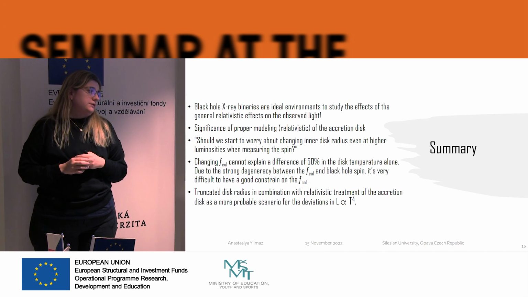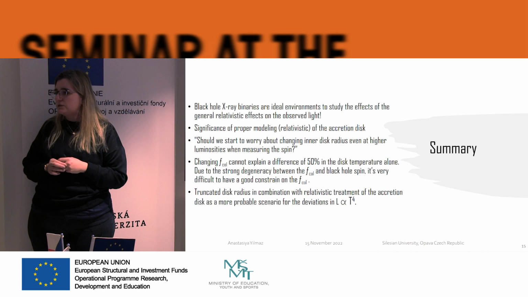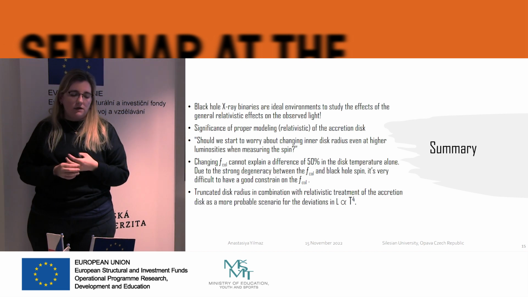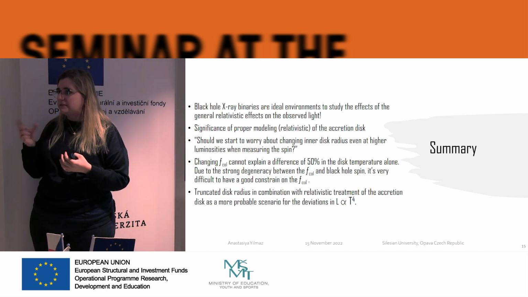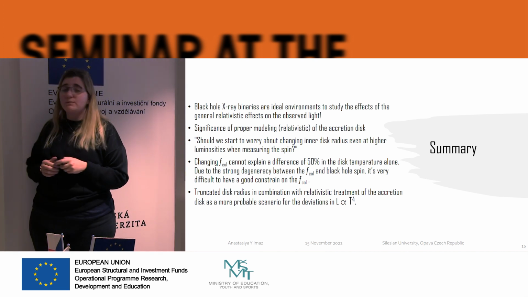And the truncated disk scenario, when you combine it with relativistic treatment of the accretion disk, can provide a very nice fix to the observed deviations in luminosity versus disk temperature.